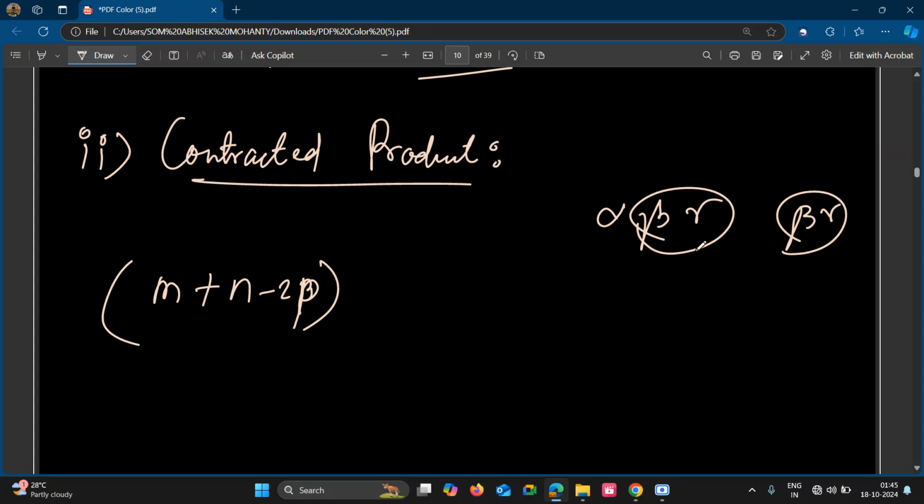M plus n is 3 plus 2, minus 2 into 2, the common ones. So this is 5 minus 4, that is 1.